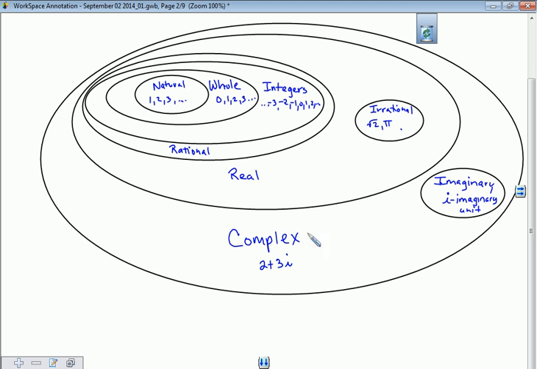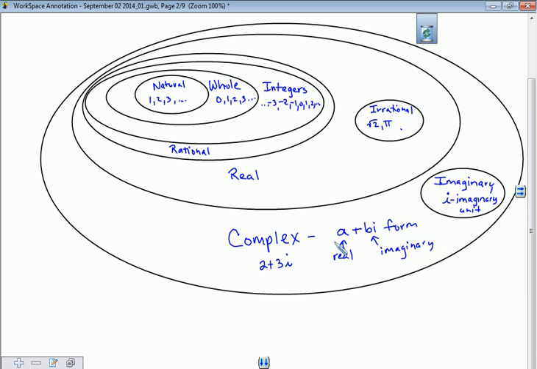With our complex numbers, we put them in a plus bi form. The a represents the real part of the number, and the b represents the imaginary part of the number. And we always write them in that form.